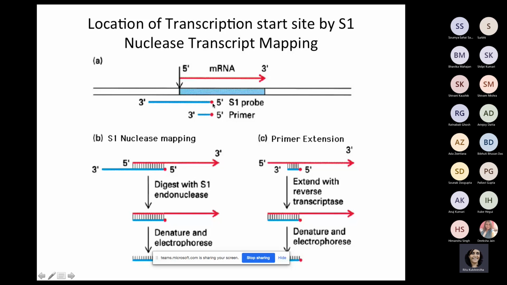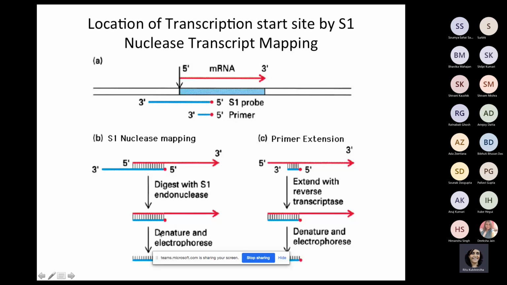So here I designed the probe, which extended for a longer stretch, and then I hybridize it with the total mRNA. The probe will hybridize to the complete transcripts which are present in the cell. Then I digest it with the S1 endonuclease, and obviously the region which is not hybridized, which is present as single-stranded, will be degraded.